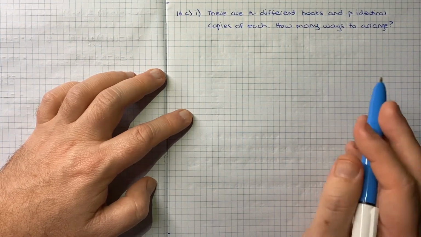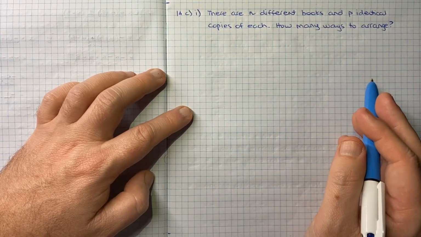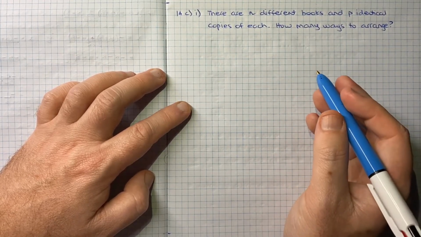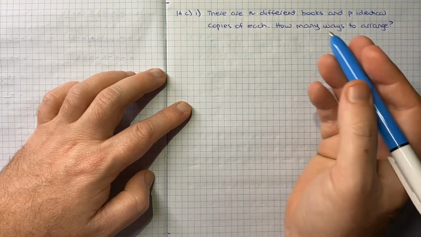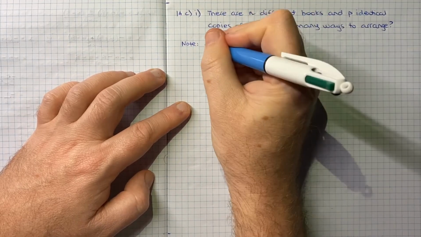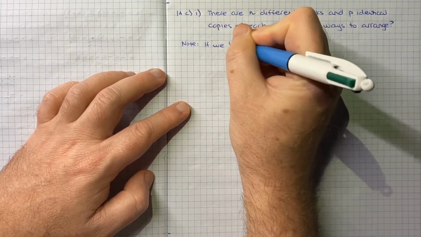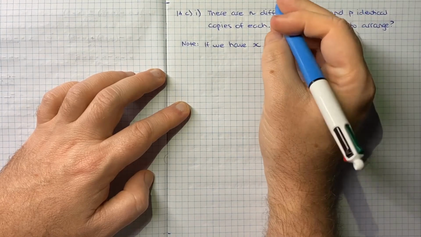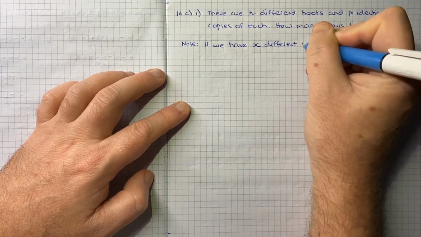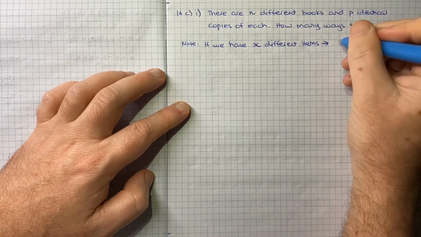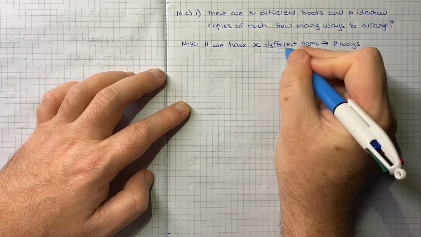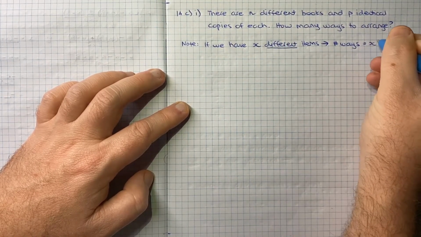And there's really two rules that we're applying here. Actually, you could argue just one rule with its adaptation. So maybe in general, it's worth noting the general rule here that if we have x different items, then the number of ways we can arrange x different items is equal to x factorial.